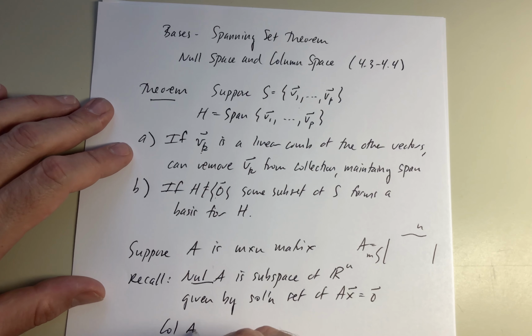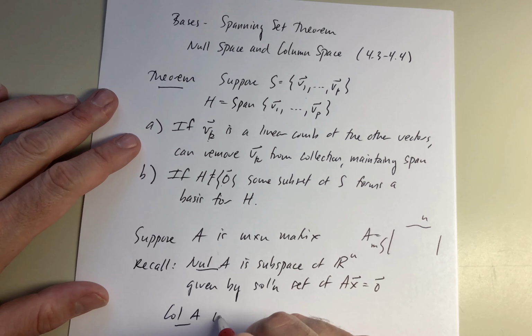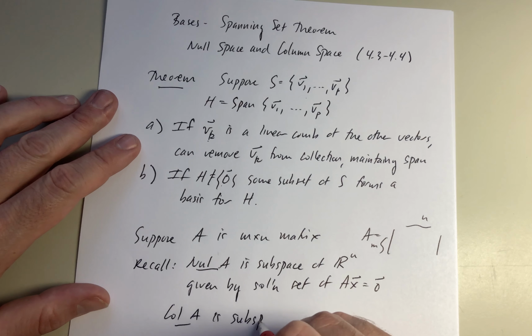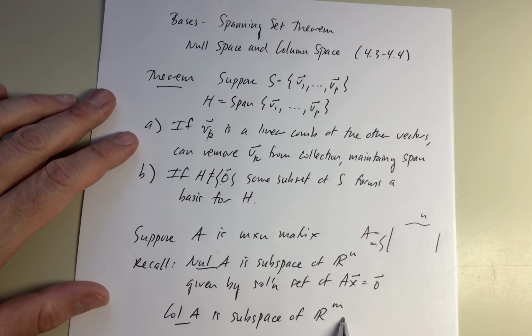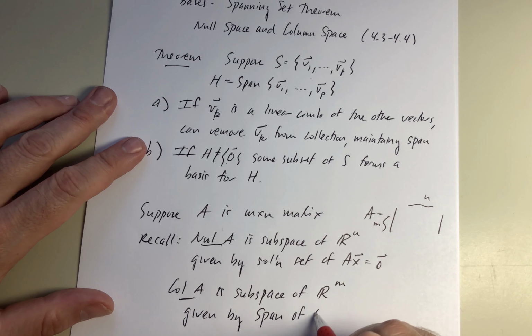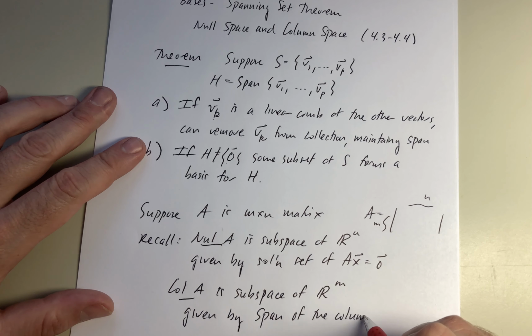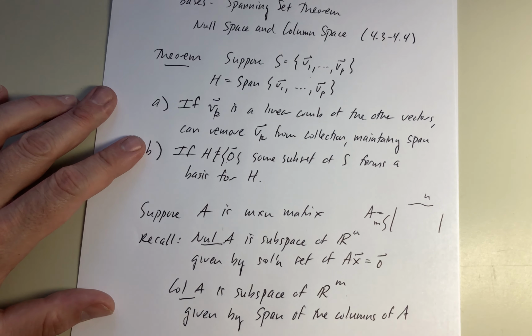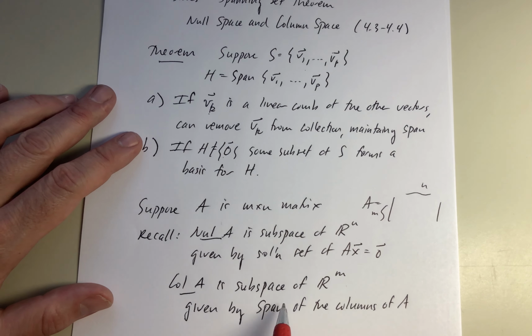The column space of A is the subspace of Rm now. Remember Rm. And this is given by the span of the columns of A. That's why it's called the column space, because it's given by the span of the columns.